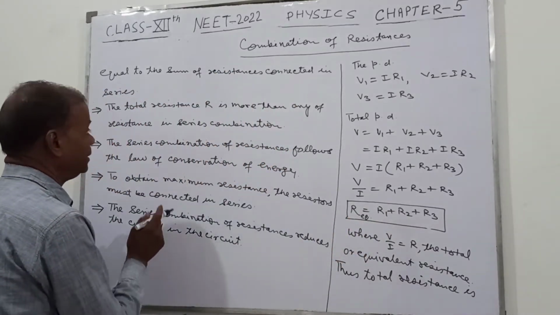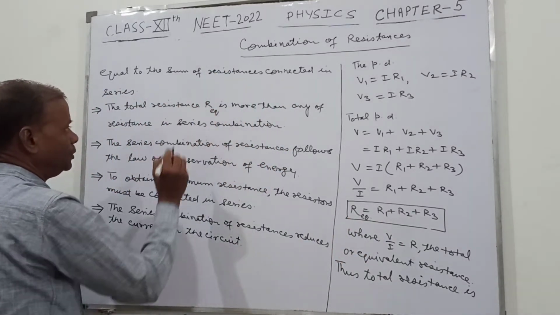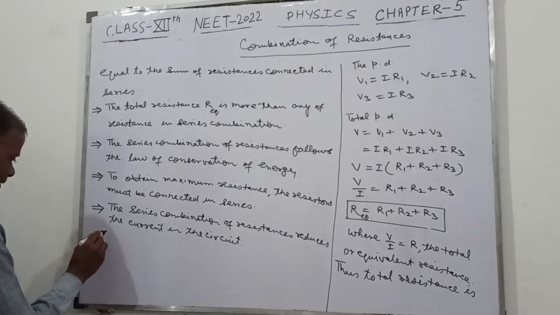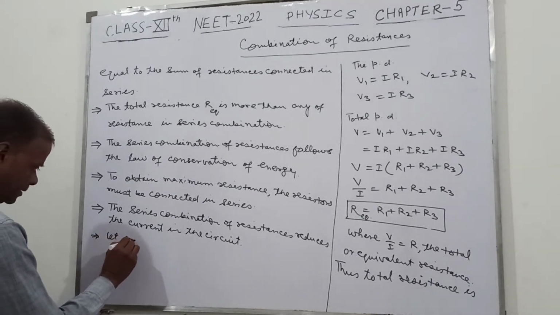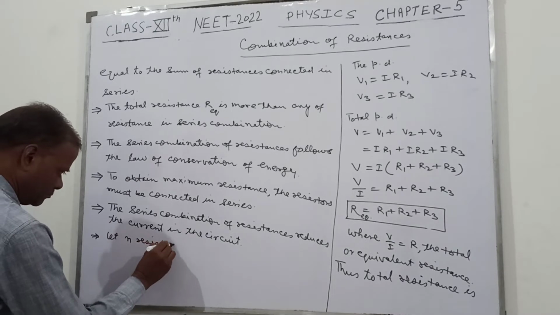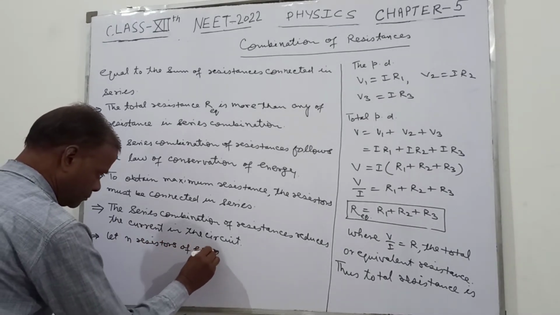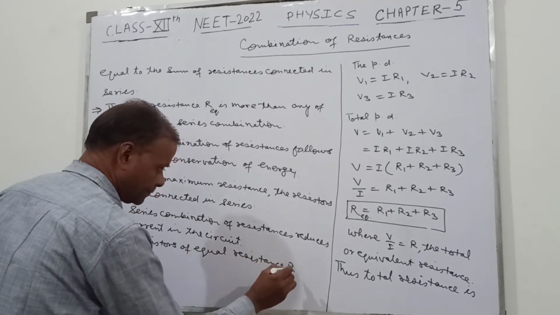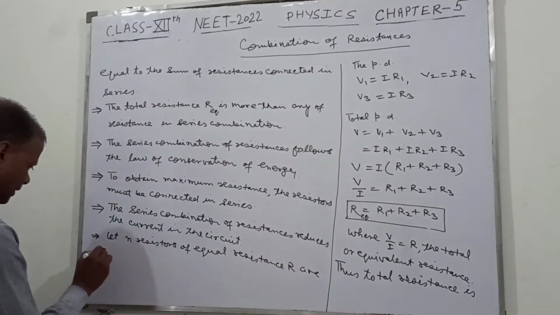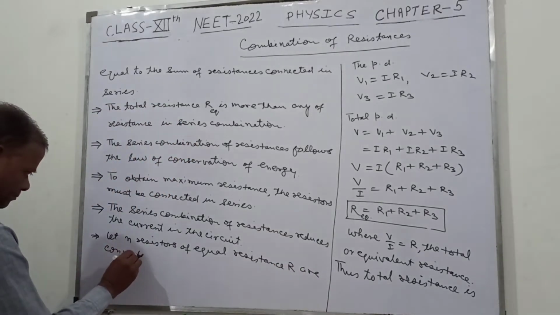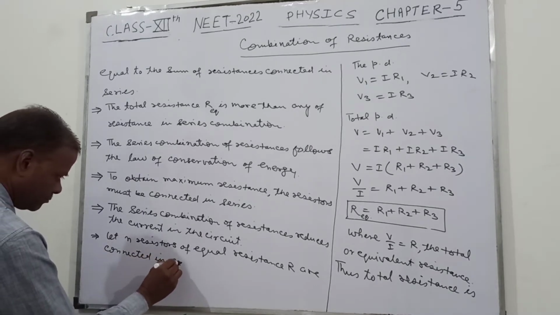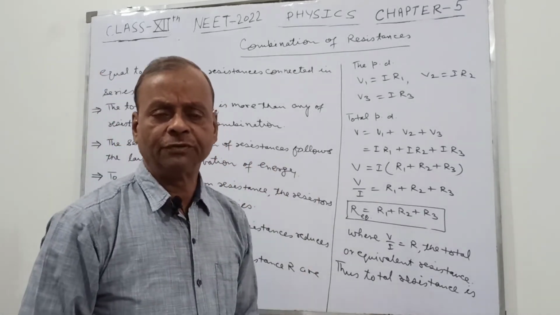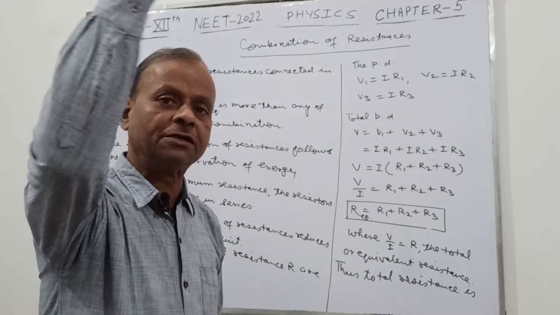We name it by EQ. EQ means equivalent. Let n resistors of equal resistance be connected in series. We have n resistors of equal resistance and then they are connected in series.